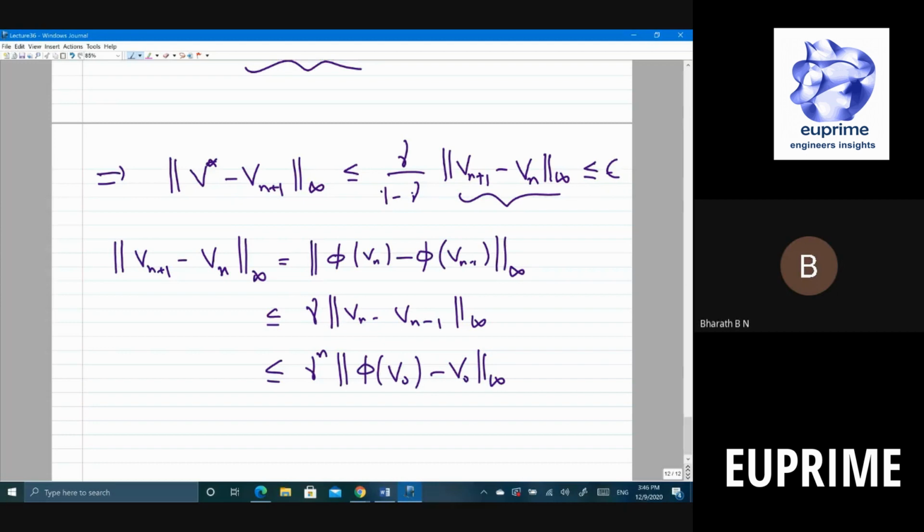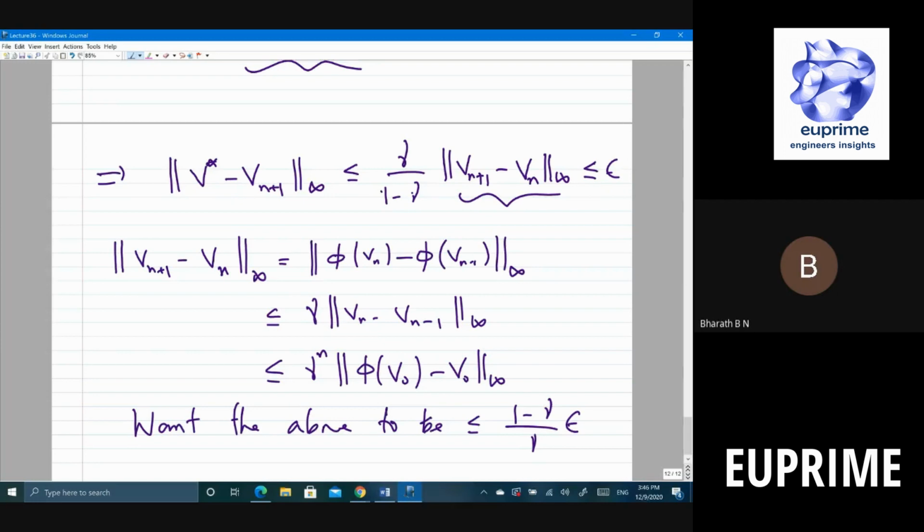So now basically I want this to be less than or equal to epsilon, right? So we want the above to be what? Less than or equal to (1 minus nu) over nu times epsilon, right?